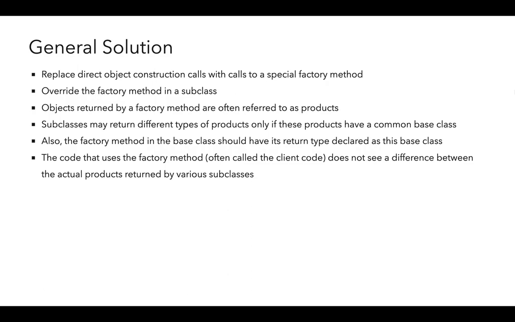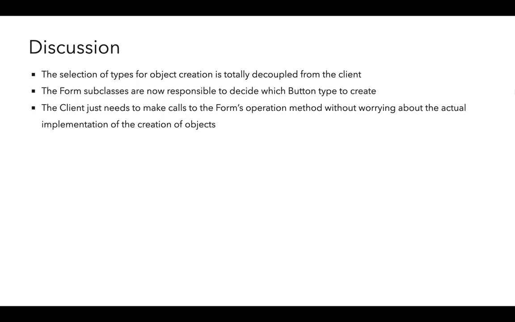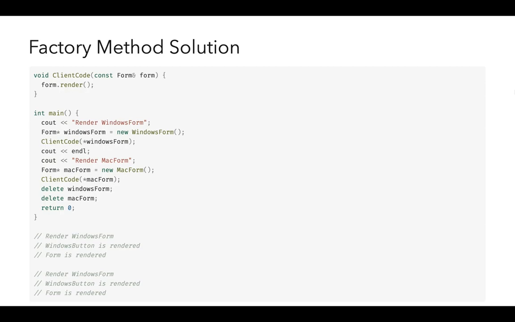The code that uses the factory method, often called the client code, does not see a difference between the actual products returned by various subclasses. In our case, the main method just needs to know that this is a form and it will have the render method. So it just goes ahead and calls it.